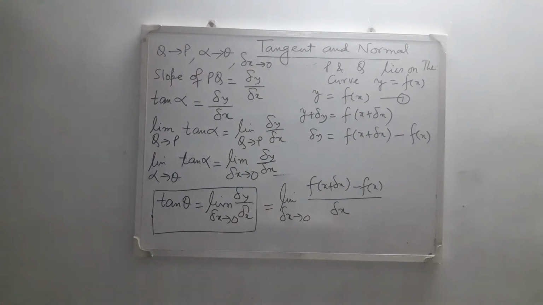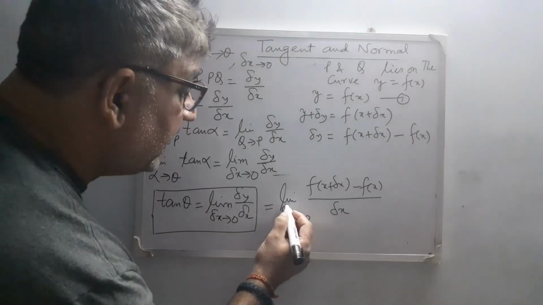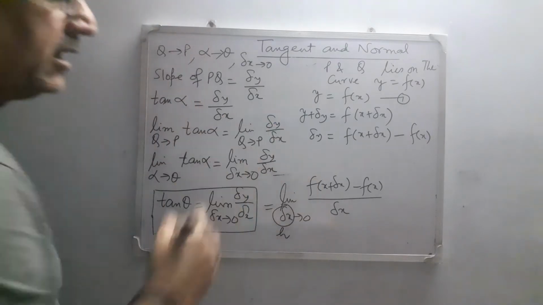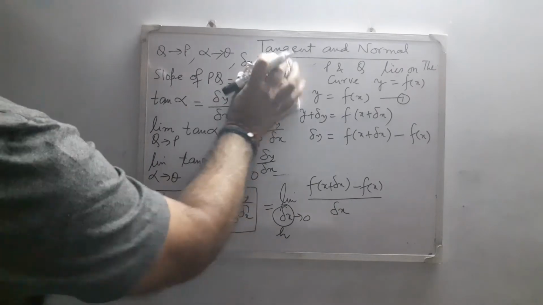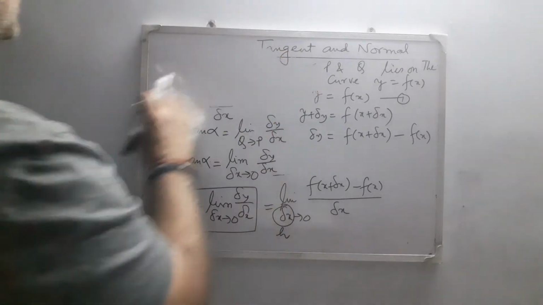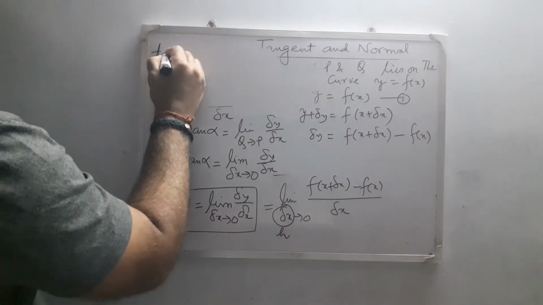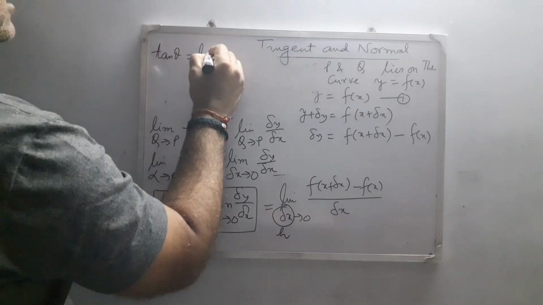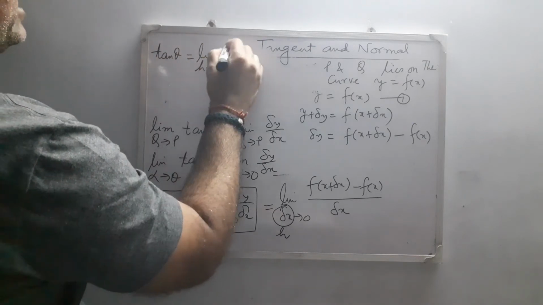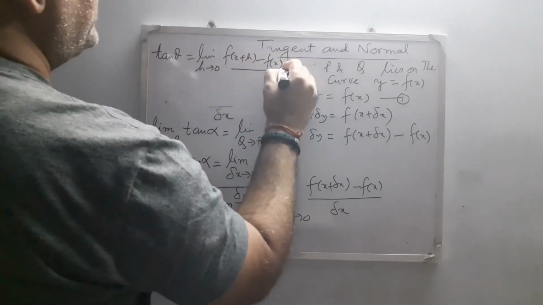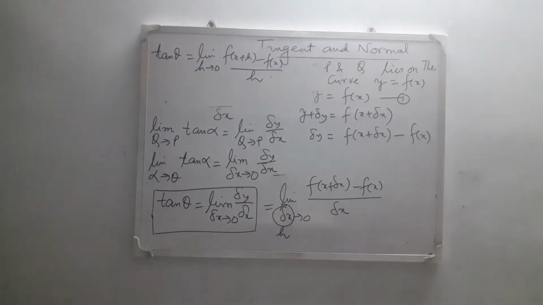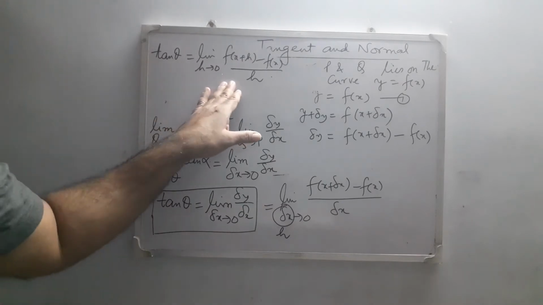Now this limit you have learned in class 11, that instead of delta x if you take h, say, it becomes limit h tending to 0 tan theta is equal to limit h tending to 0 f(x plus h) minus f(x) divided by h. And you know, this is nothing but the first principle definition of derivative.